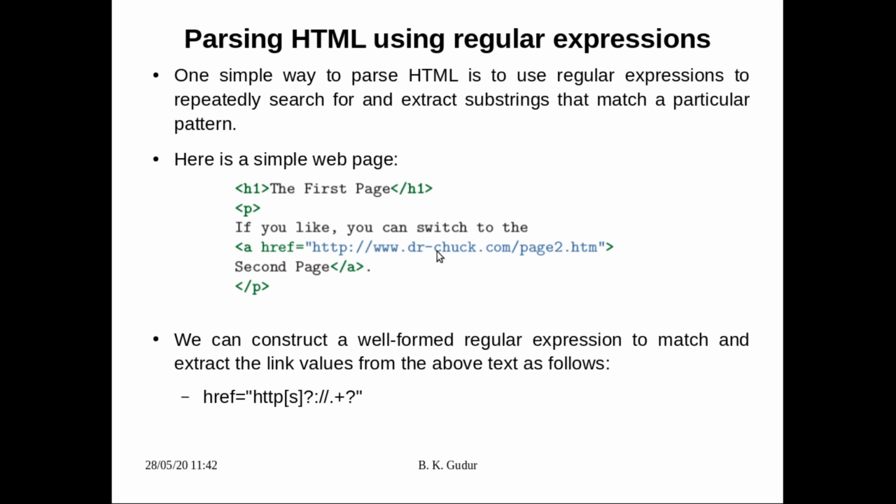Now we are going to write a Python program that accepts a link and, using that link, lists all the links available in that particular page. For that purpose, the expression will be something like this: href, because href is there, equals, and after the double quote, http, and s is optional.